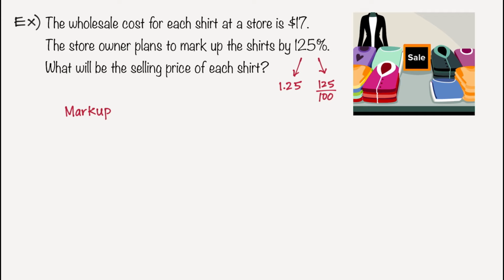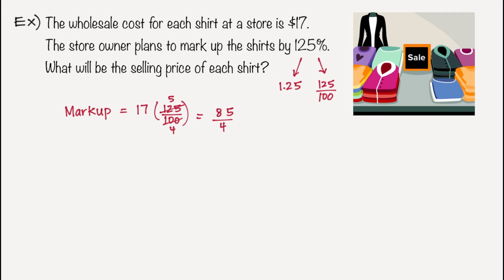And so to find the markup, I'm simply going to multiply that $17 times the percent. This time I'll use the fraction just to show you that we can do it both ways. 125 out of 100 simplifies to 5/4. So 17 times 5 is going to give me, I believe, 85.